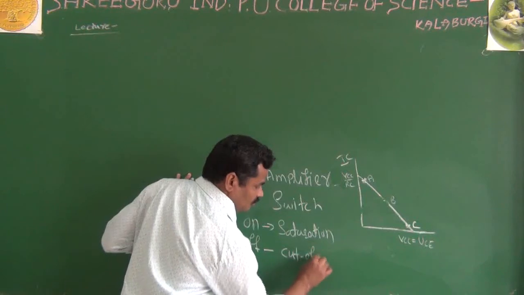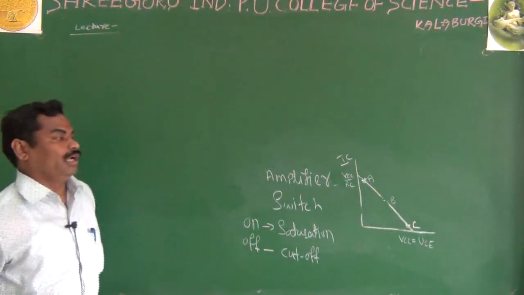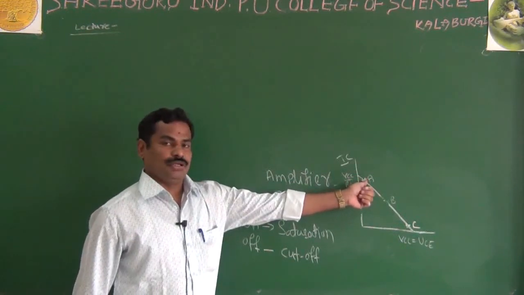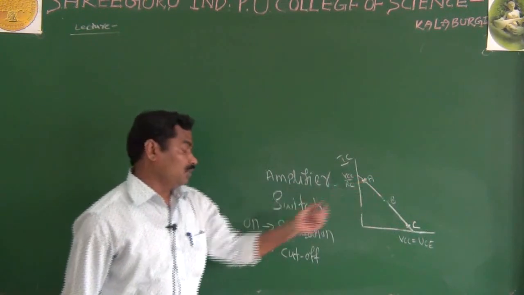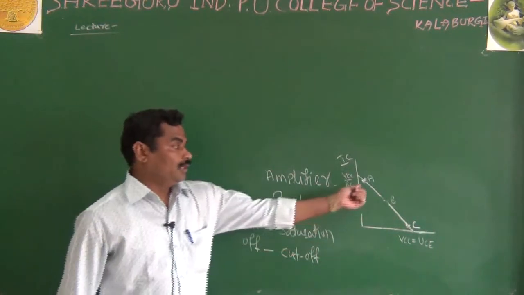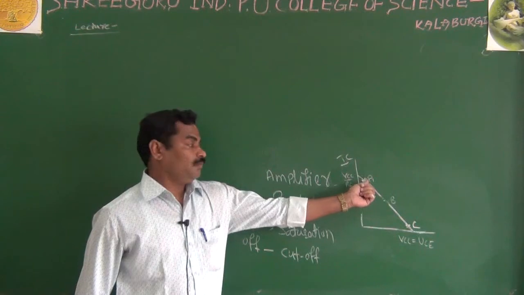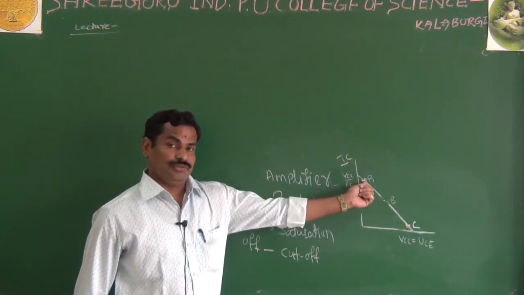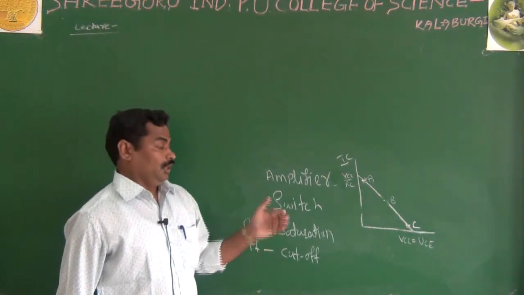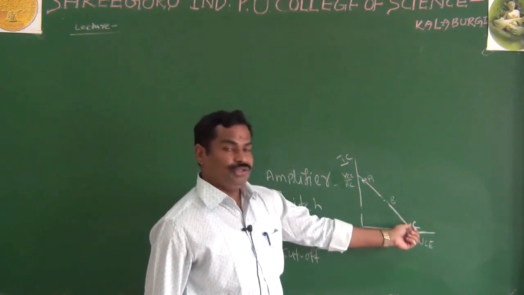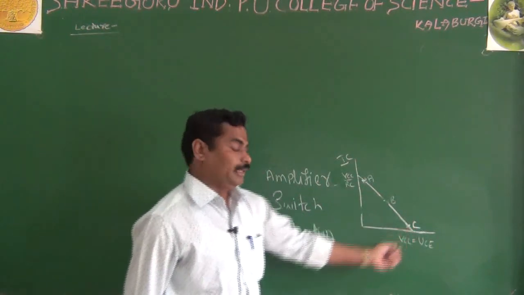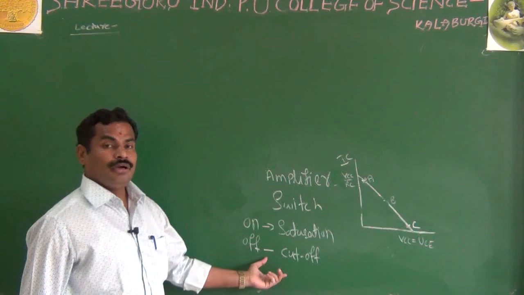It means whenever the Q point is near to the saturation region, that indicates your transistor acts as an on switch. If the Q point is at the C point, or near to the cutoff region, in that case it is used as an off switch.